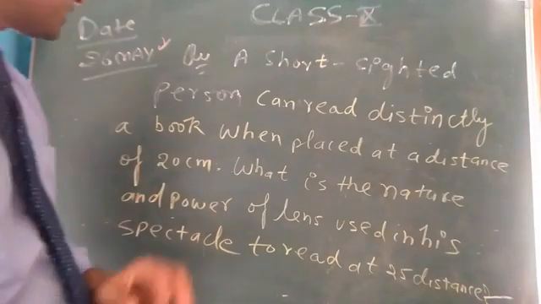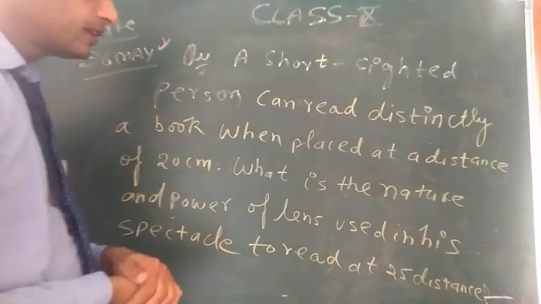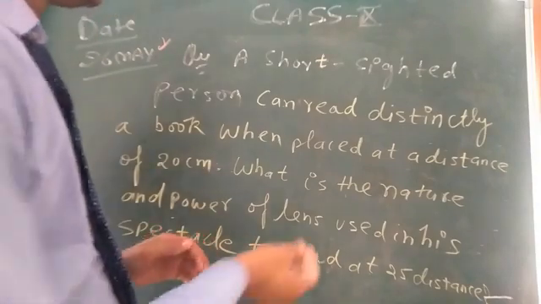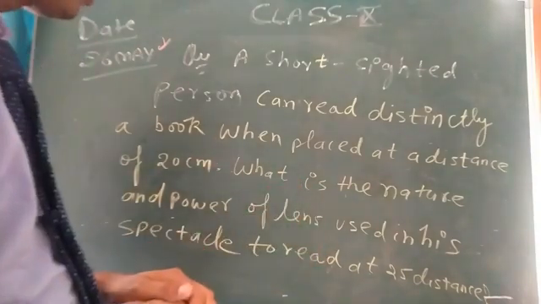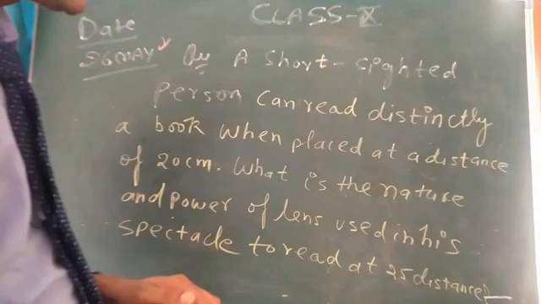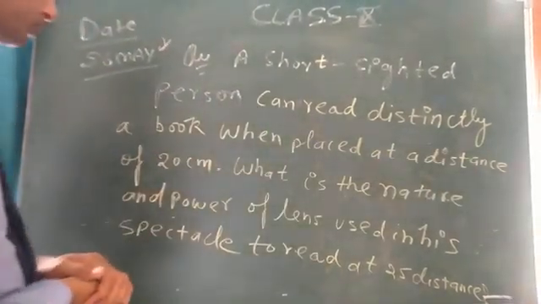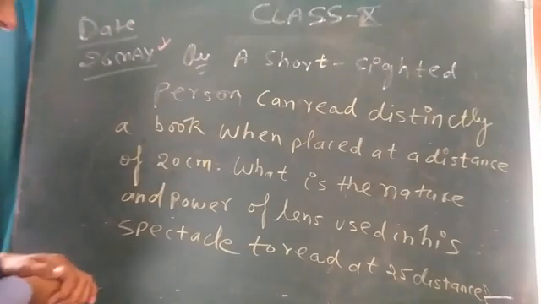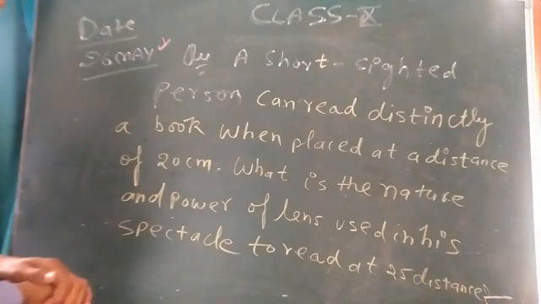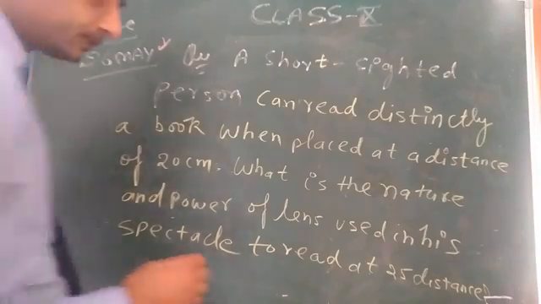A short-sighted person can read a book distinctly when placed at a distance of 20 centimeter. What is the nature and power of the lens used in his spectacles to read at 25 centimeter?